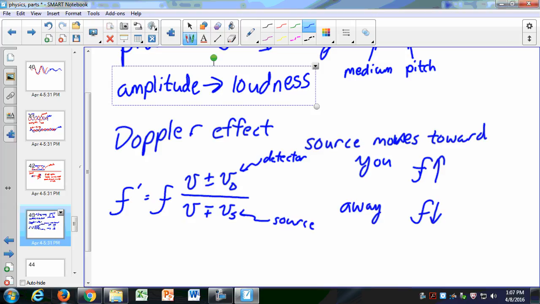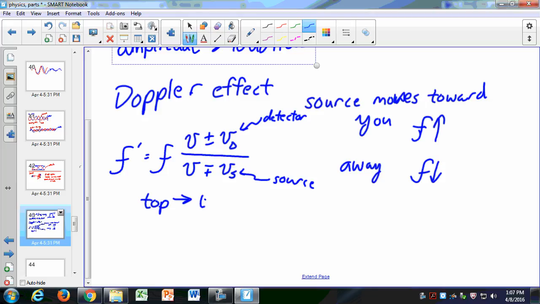So for example, this would be like the police car, and this would be your speed. And then this speed is the speed of the wave, and then this is your frequency. They give this sort of mnemonic where the top sign is for towards, and the bottom sign is for away.